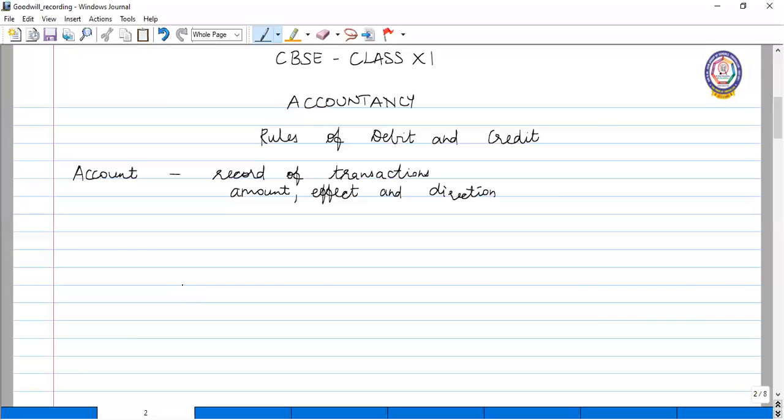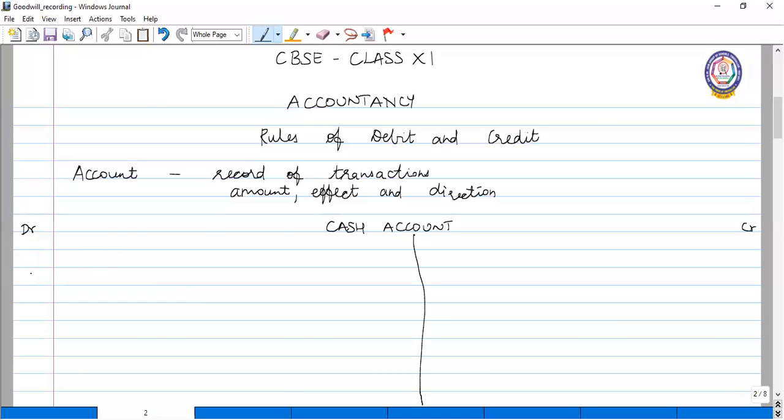Here we will just consider the cash account as an example, and we'll see what is the format to record this cash account. Every account has two aspects, a debit aspect and a credit aspect.